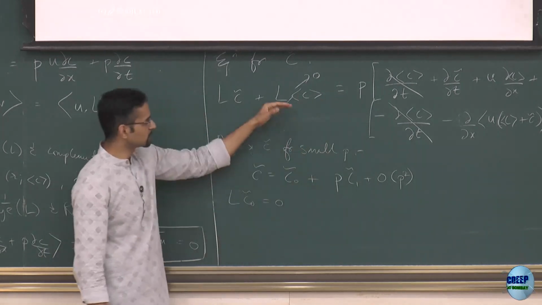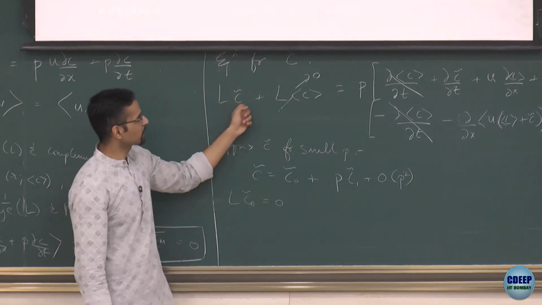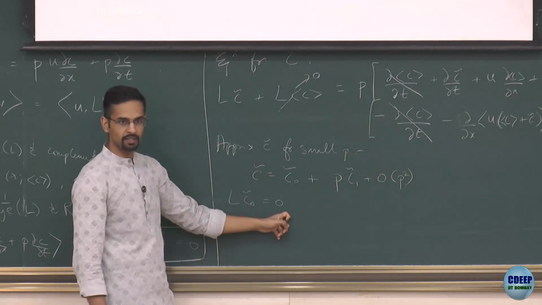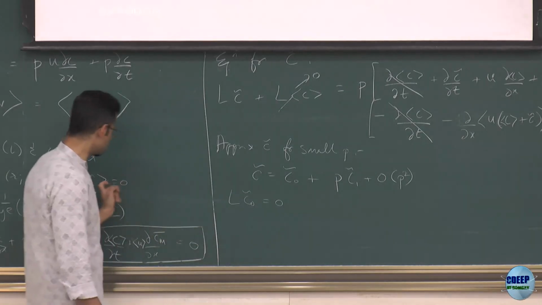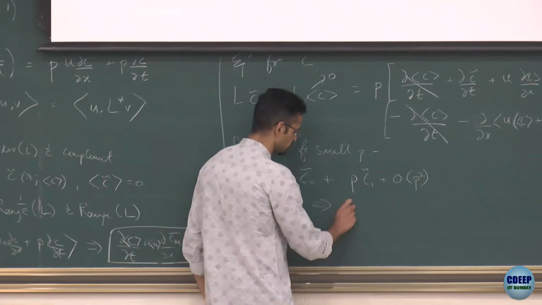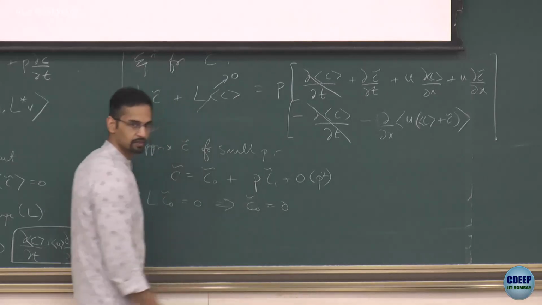So what I will do is substitute this in here and compare powers of Peclet. So L C naught will come here, this is multiplied by Peclet, so there is nothing to contribute, so I'll get this equal to 0. The only solution, of course, is the null space, but I am now going to require that C tilde is orthogonal to the null space, so therefore this implies that C naught tilde must be just 0.